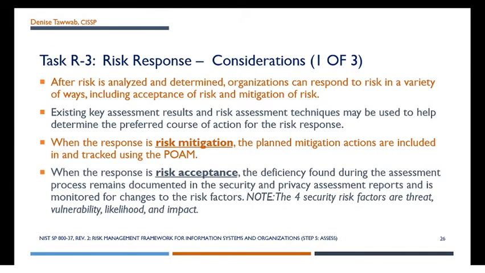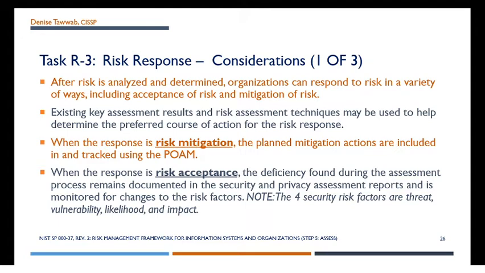All right, considerations when you're looking at the risk response. After the risk is analyzed and determined, your organization can respond to risk in a number of ways, including accepting the risk and mitigating the risk. Existing key assessment results and risk assessment techniques may be used to help determine the preferred course of action for the risk response.